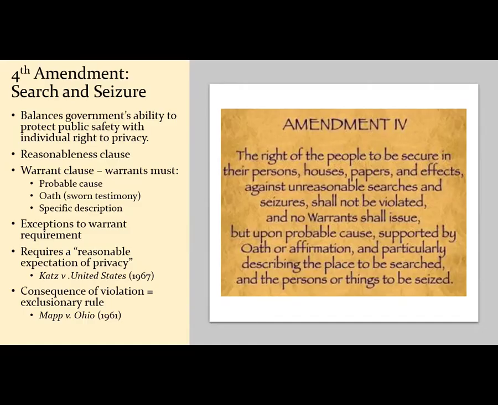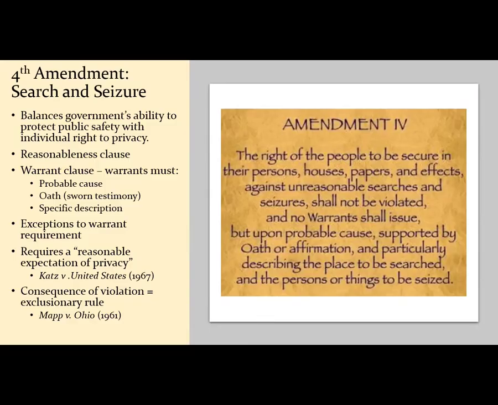The exclusionary rule was the subject of the case Mapp versus Ohio. I'm not going to go into that one in particular. I'm just explaining why that case name is on the slide here. In the Mapp case, the Supreme Court said that the exclusionary rule would apply even in state courts, that illegally obtained evidence cannot be used to establish the guilt of a defendant, even in state court cases.